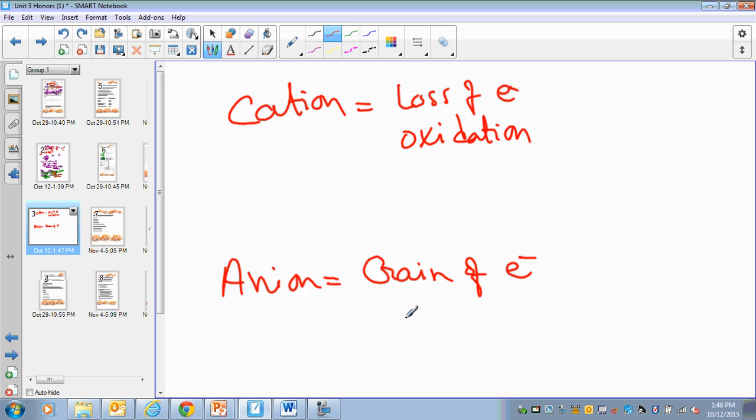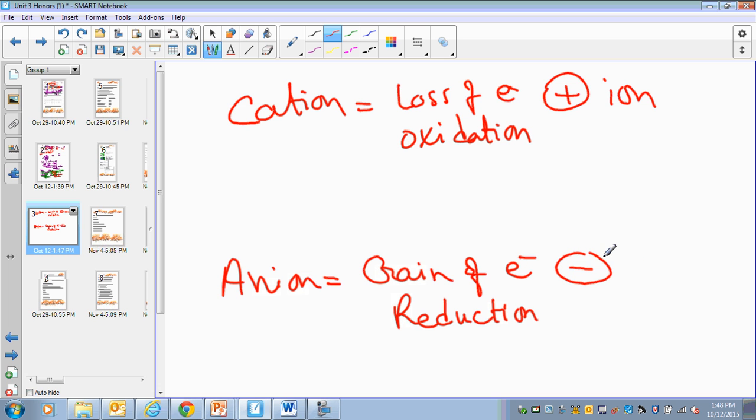Gain of electrons, that process is called reduction. So cations mean loss of electrons and you make a positive ion. Anions mean you gain electrons, which makes a negative ion.